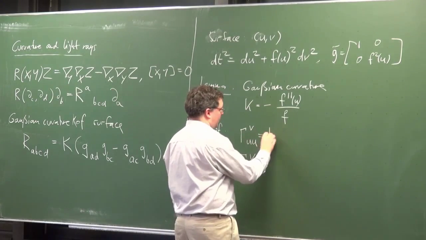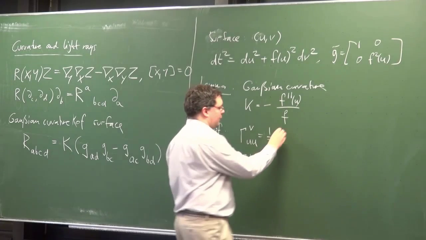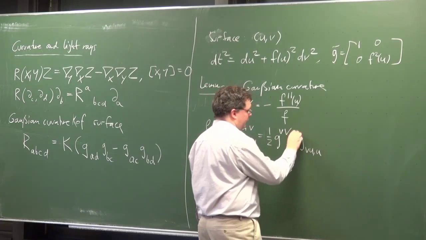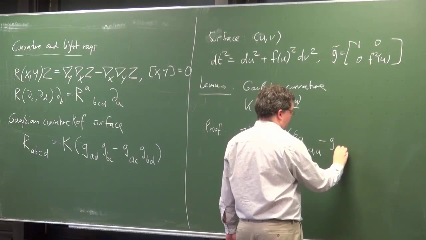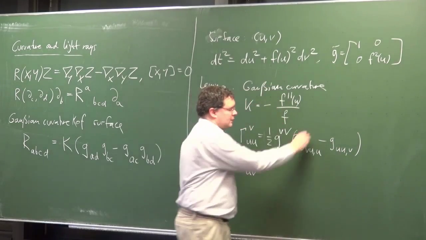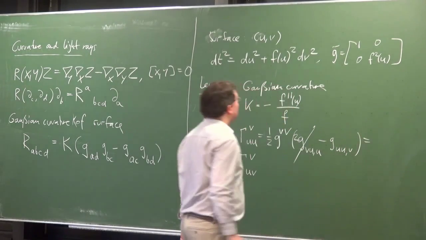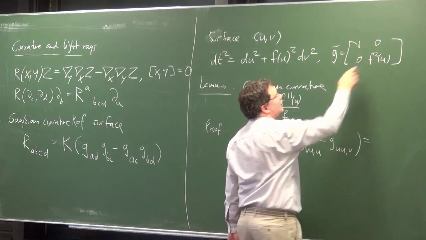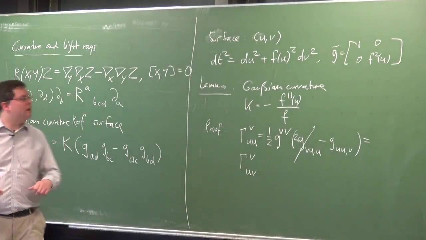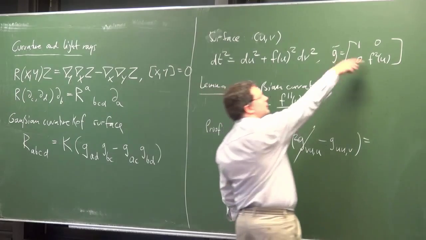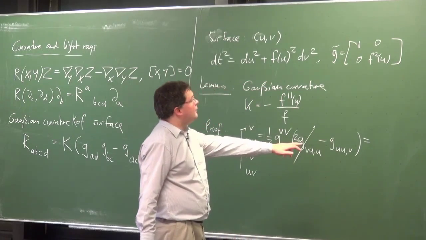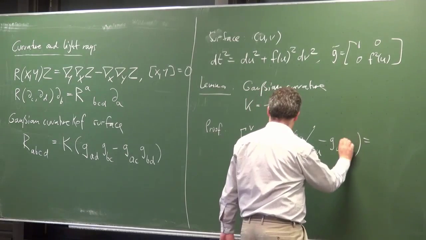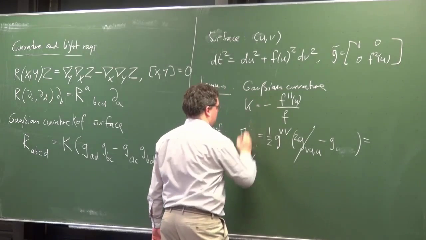So what are they? This will be a half g^{uu}, since it's a diagonal metric, so we're only left with g^{uu} upstairs, and then g_{vu,v}, 2 of them, minus g_{vv,u}. There are no off-diagonal terms, so that goes. What's the inverse metric? It's just 1 over the diagonal components. So it's a half times 1 times minus the derivative of this with respect to, oh, sorry, it's the other way around, actually.